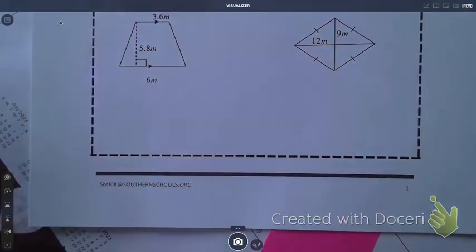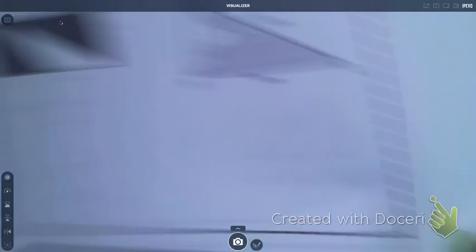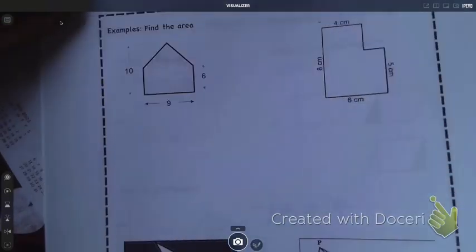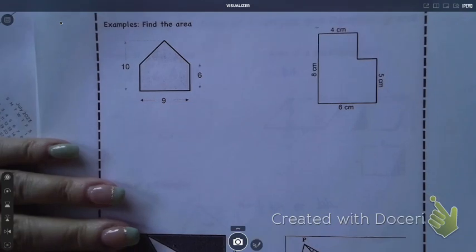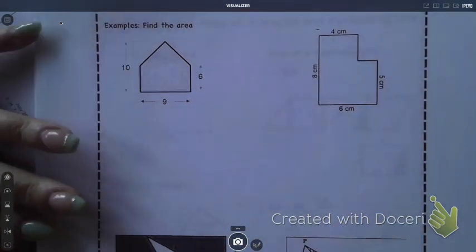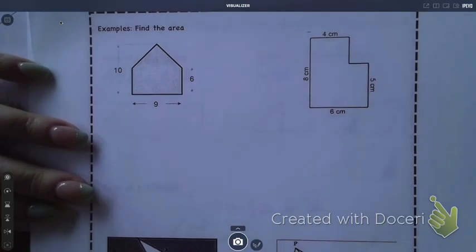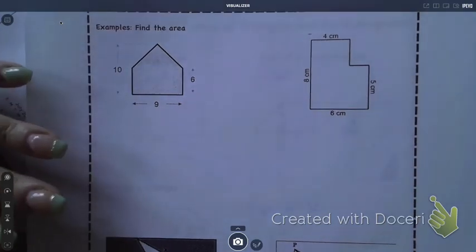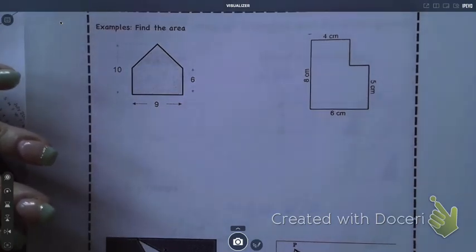Okay. Well, this is a polygon. Why are these just called polygons? Why aren't they a rectangle or parallelogram or a kite or a trapezoid?